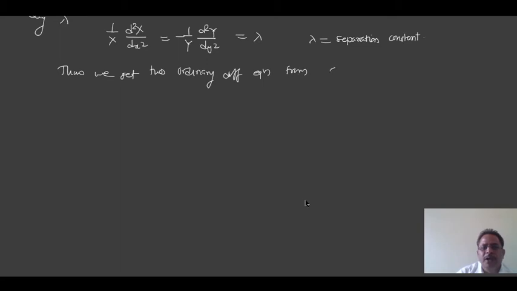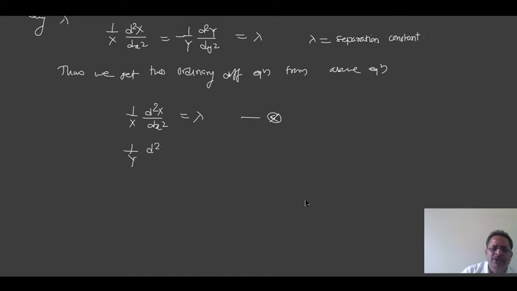From the above equation, the first one is 1 upon X into d square X upon dx square is equal to lambda. This is one equation, so I will call it equation number 4. The second equation can be written as 1 upon Y into d square Y upon dy square is equal to minus lambda.